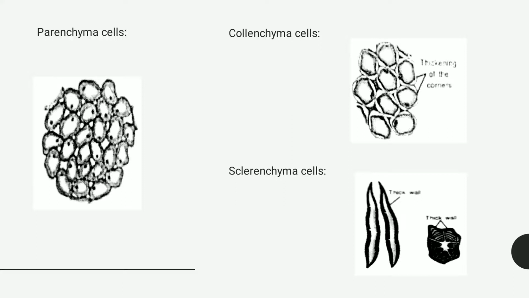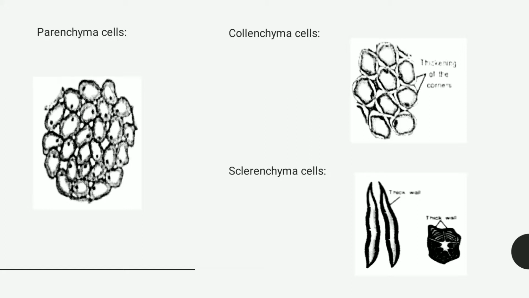If we talk about the parenchyma present in the leaves, parenchyma plus the chlorophyll is called chlorenchyma cells. And there is another type of parenchyma cells, found in aquatic plants. In these parenchyma cells, there is a large intercellular space.